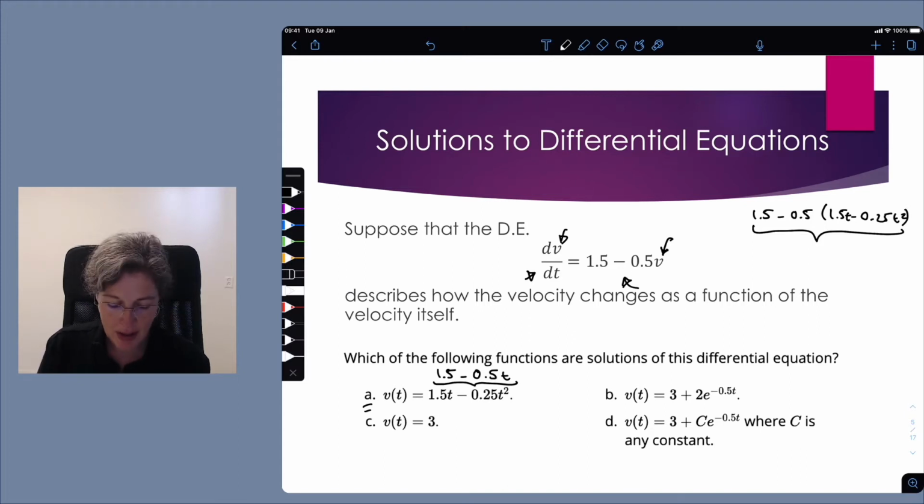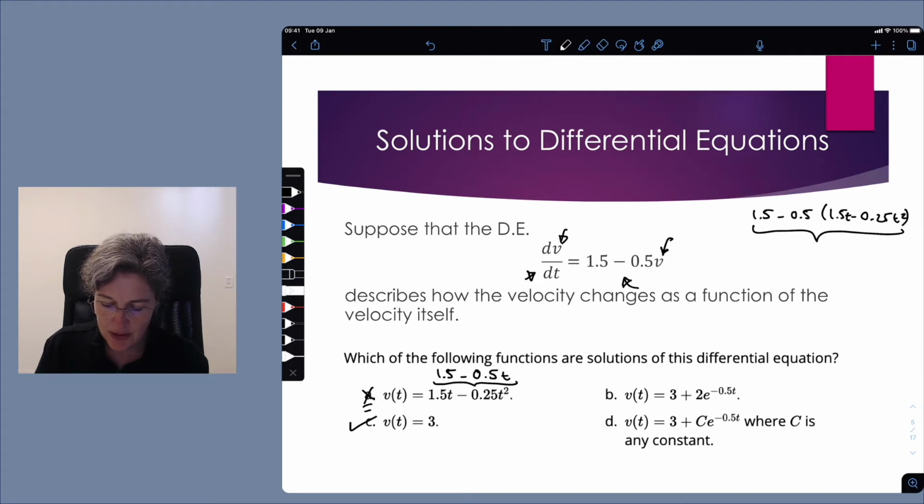Okay, so that one doesn't work. If you plug in just that our velocity is equal to 3, the derivative of that is 0, which would mean that we'd have to have 0 equal to 1.5 minus 0.5 times 3, which is 1.5 minus 1.5. Okay, so that one is valid.